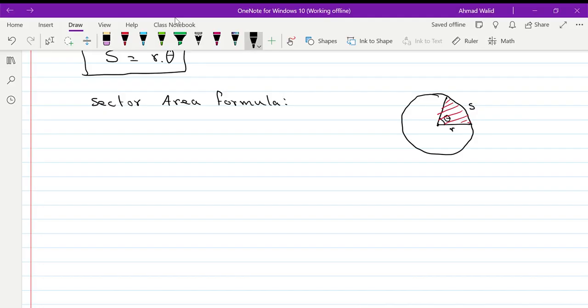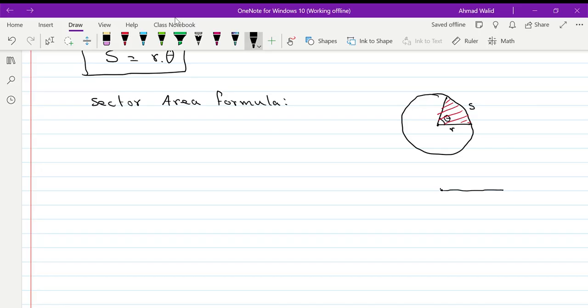One thing that we know, if the radius is getting bigger, of course, the length of the arc will be bigger and bigger and bigger, correct?